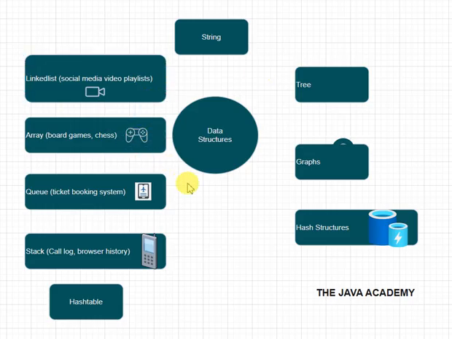The linear data structures, you have the likes of your arrays, your queues, your stack, hash table, linked list, and so on. This is going to be our first focus in this study of data structures. The way it's going to be is that we are going to take a look at arrays. We make a series of videos on that topic of arrays, and then we move on to the next, and to the next, and to the next.